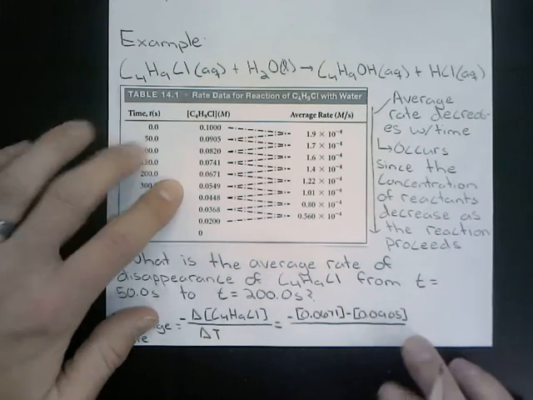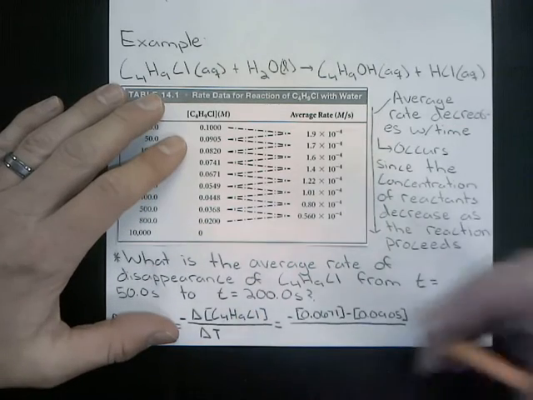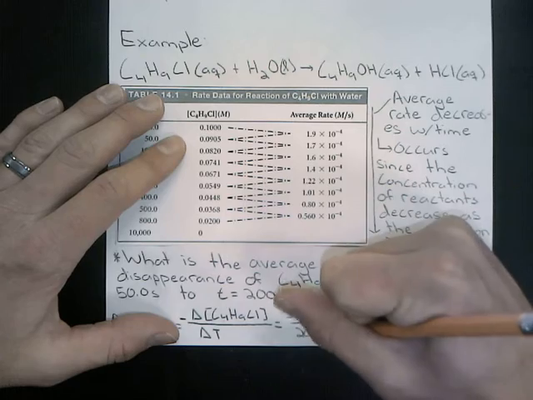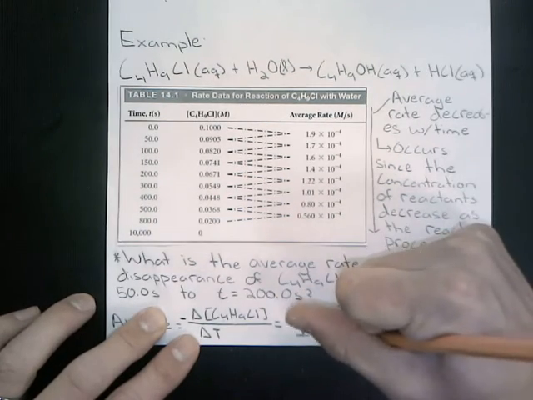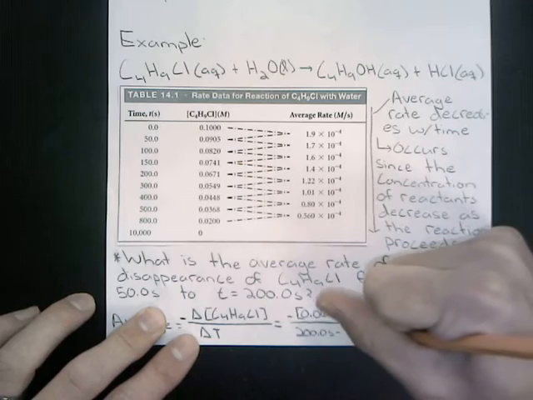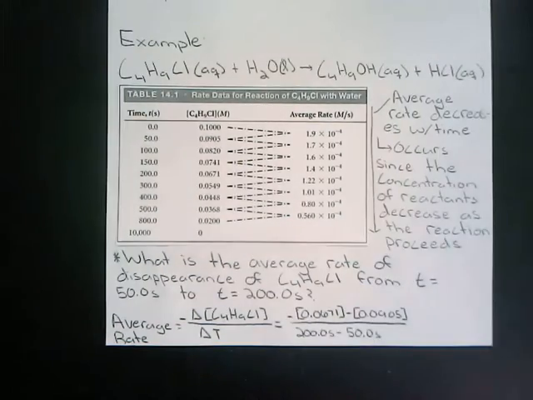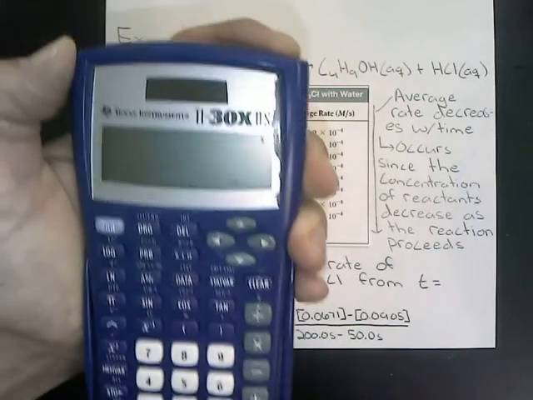Now we do the change in time. The problem made it really nice because it said the change in time. So always put your final, which was 200 seconds, minus your initial, which was 50 seconds. And so we plug this into our calculators. In this case, we have to be really careful. I'm always going to put that negative sign out in front.